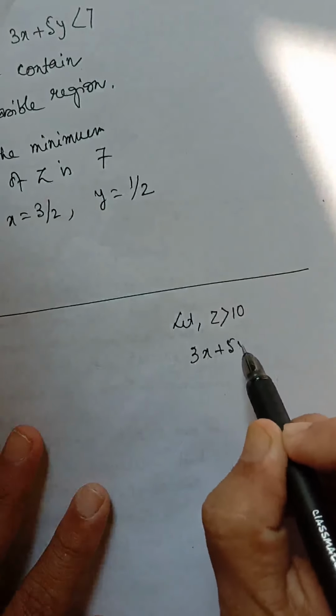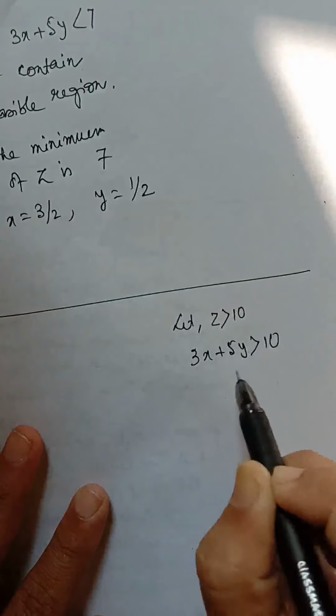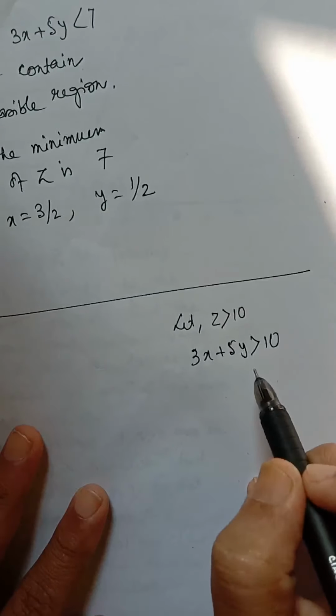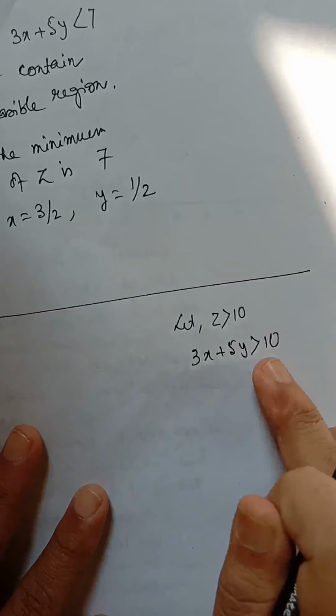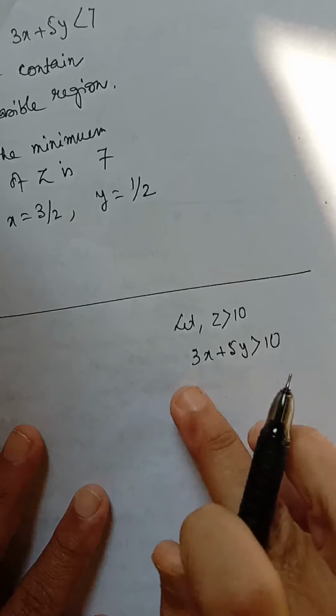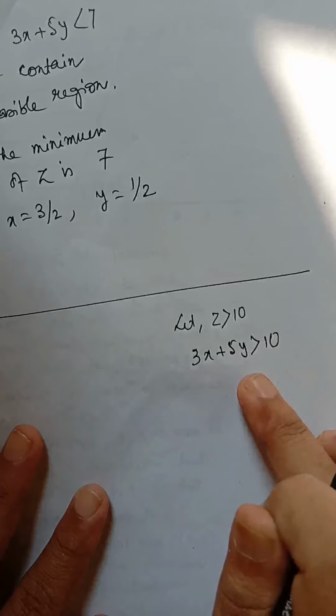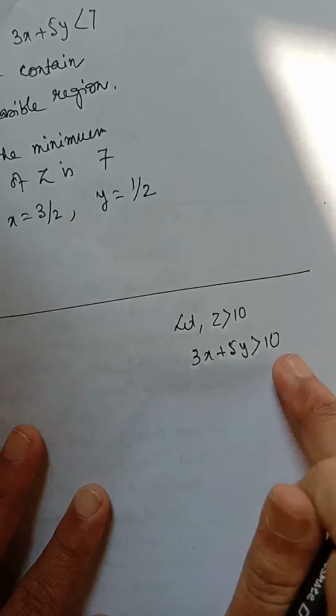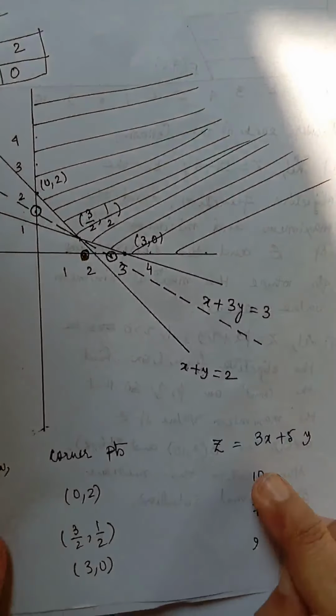Now you have to draw the graph of 3x plus 5y equal to 10 and check whether this contains a feasible region or not. If it contains a feasible region, there is no maximum value. If it does not contain a feasible region, then the maximum value of z will be that 10.